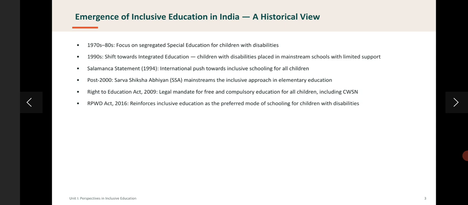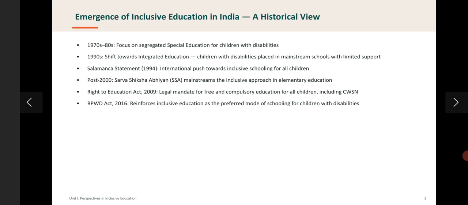Then comes the Right to Education Act, which came in 2009. It is a legal mandate for free and compulsory education for all children.